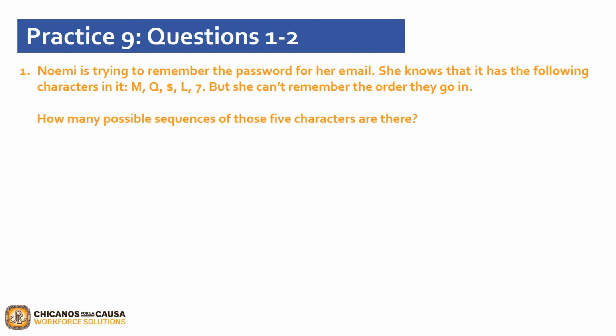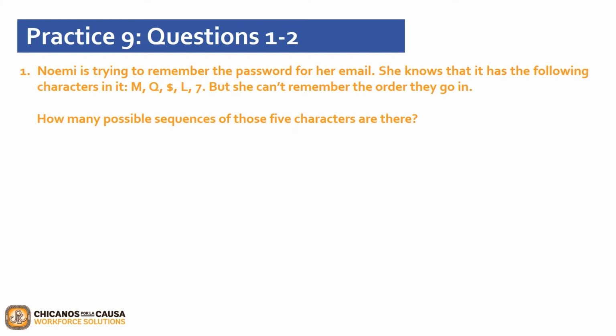Alrighty, practice question 1. Noemi is trying to remember the password for her email. She knows that it has the following characters in it: the letter M, the letter Q, $, the letter L, and the number 7. But she can't remember the order they go in. How many possible sequences of those 5 characters are there?